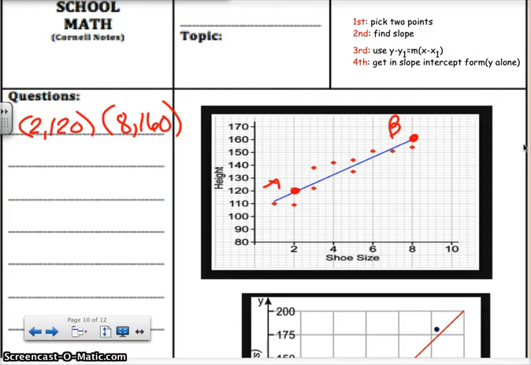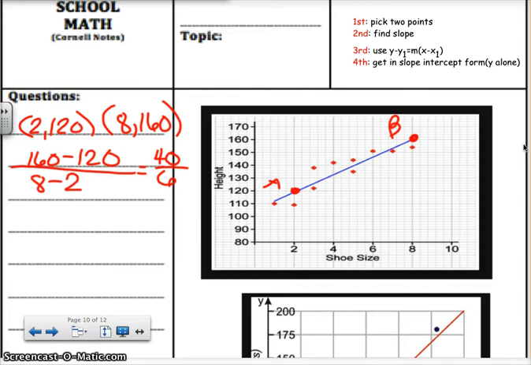Step 1, pick 2 points. Done. Step 2, find slope. So second y minus first y over second x minus the first x. This one might work out beautifully. 160 minus 120 is what, 40? No, it's not going to work out perfectly. 8 minus 2 is 6. 40 over 6.